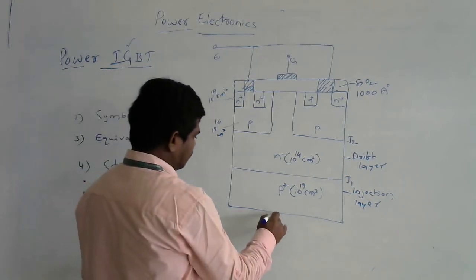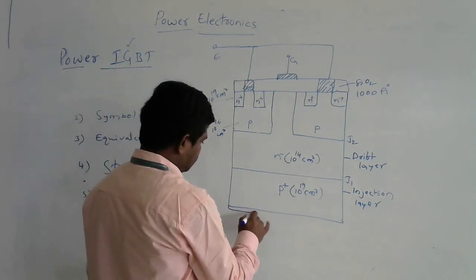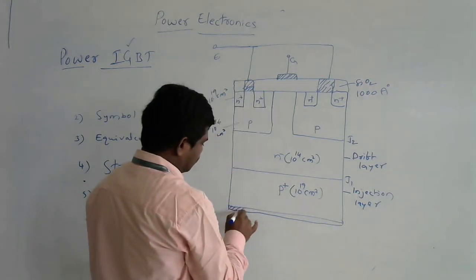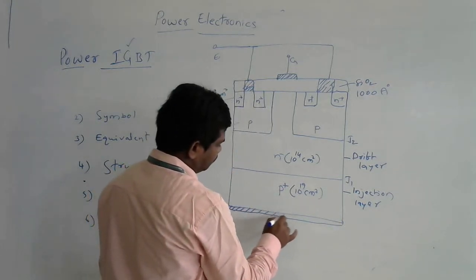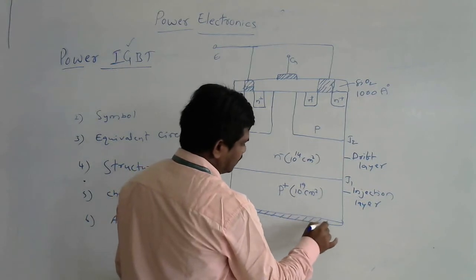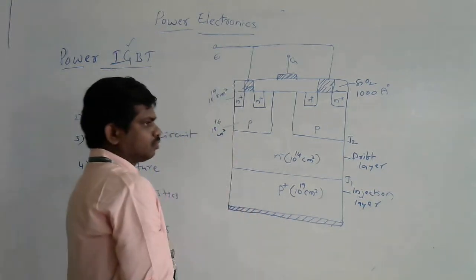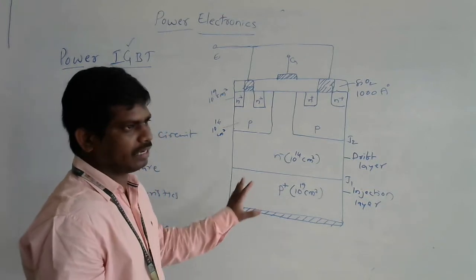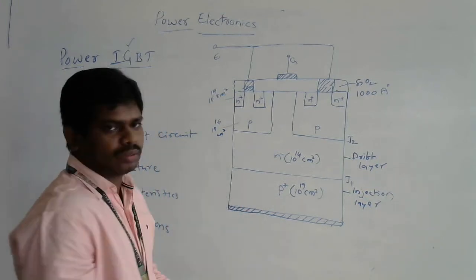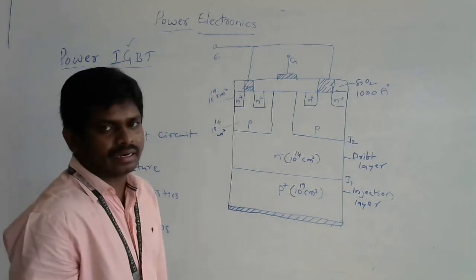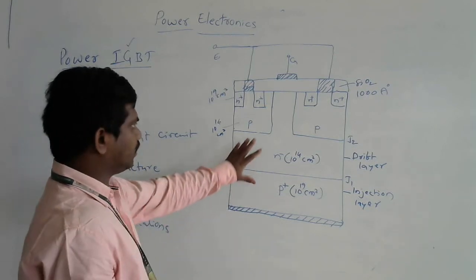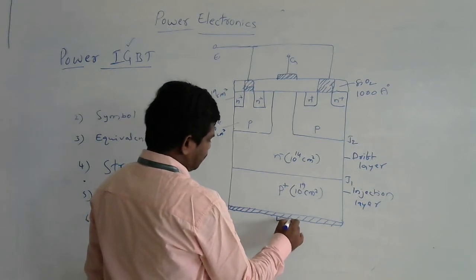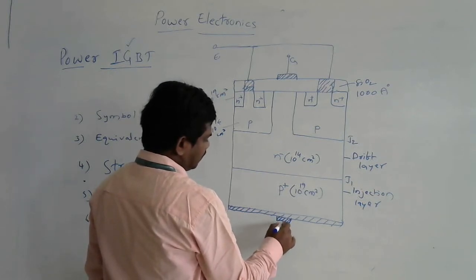This terminal is, here is what happened. There is a metallic body. This is the metallic body of the device. It is a large metallic body. What is the advantage of keeping a large metallic body for the device? It brings out the heat generated inside the device while we are using it. And here is the collector terminal.